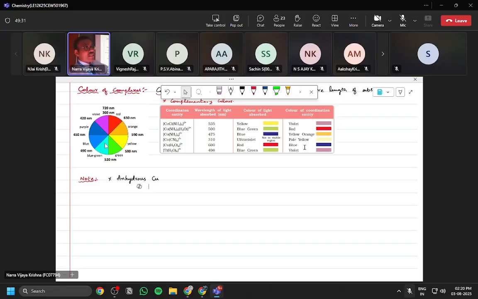Then splitting vanished, and it cannot absorb any color. If it doesn't absorb any color, all the light will pass through it, so you will see white. So anhydrous copper sulfate is white. Reason: degeneracy of d orbitals is not lost. Correct, sir?